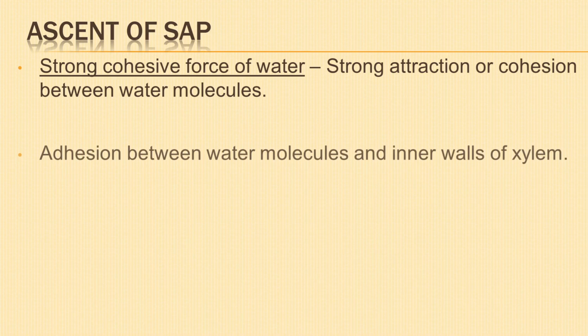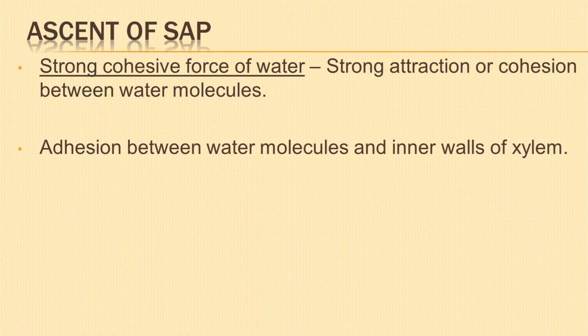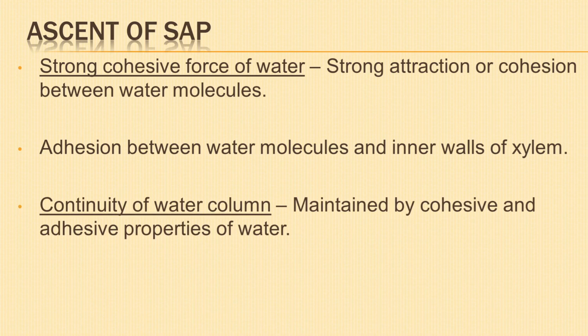There is also attraction between water molecules and the inner walls of tracheids and vessels of xylem, which is known as adhesion. We all know that the walls of xylem ducts are made up of lignin and cellulose, which shows affinity for water. Continuity of water column.